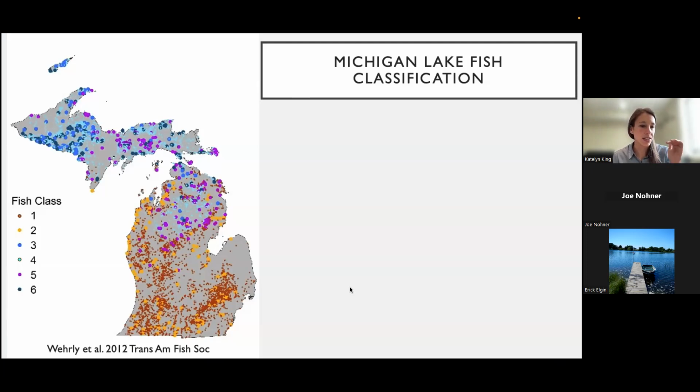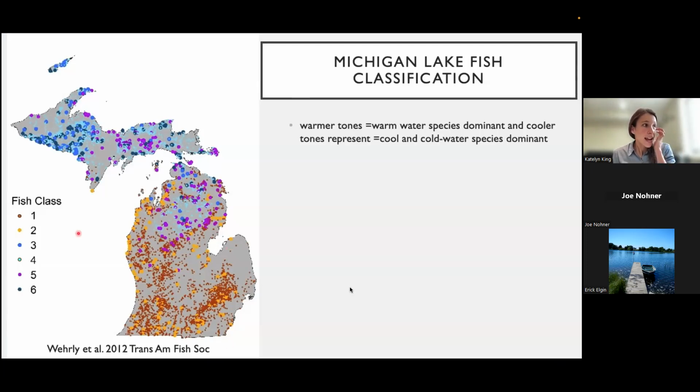So they had 6 classes there in different colors. And their warmer tones, the oranges and reds, are warm water species dominant lakes, and the cooler tones represented the cool and cold water species dominant lakes.